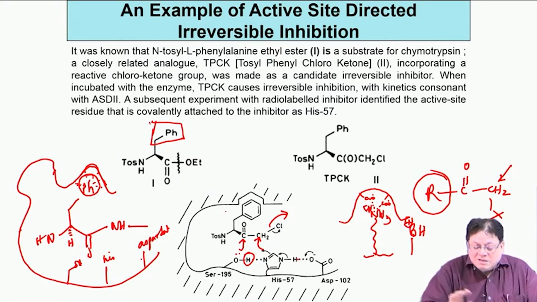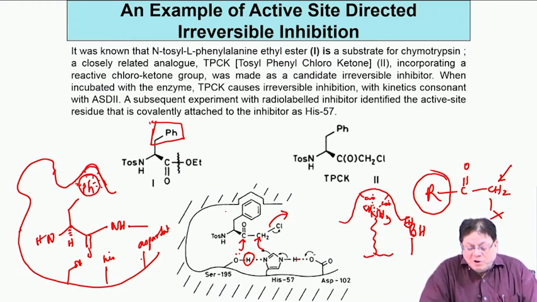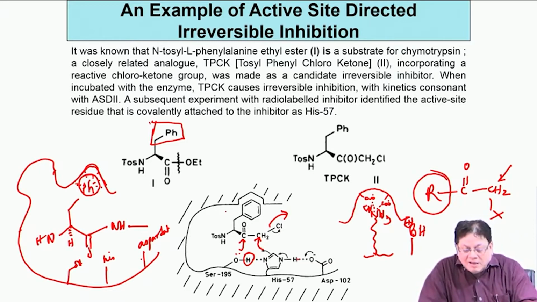So, this is a very good example of active site directed irreversible inhibition. Why active site directed? Because your molecule has a system which is recognized by the enzyme. So, the inhibitor goes and binds to the active site. Then the normal cycle wants to take place, but that cannot happen here.